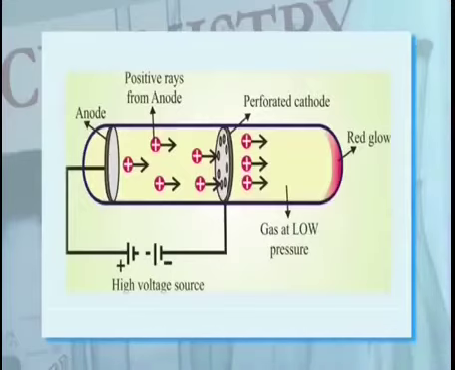This is the arrangement shown in this figure. The glow was due to anode rays, which are a stream of positively charged particles originated at the anode and moving towards cathode. The glow is produced when these particles strike the glass tube behind the cathode.